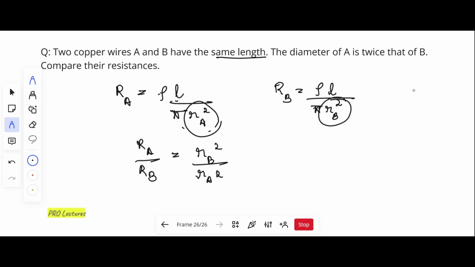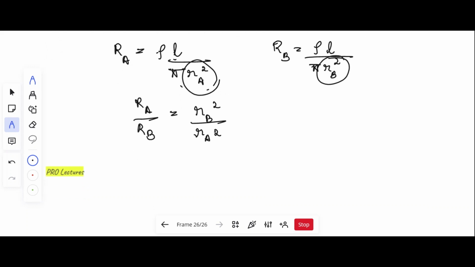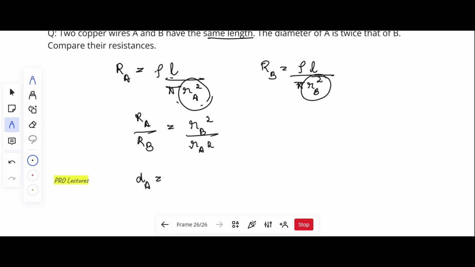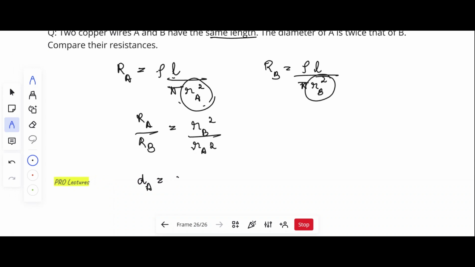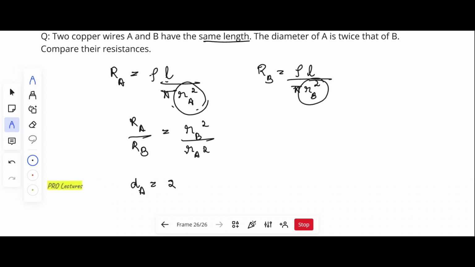Given that diameter of A is 2 times diameter of B, this implies rA is 2 times rB.